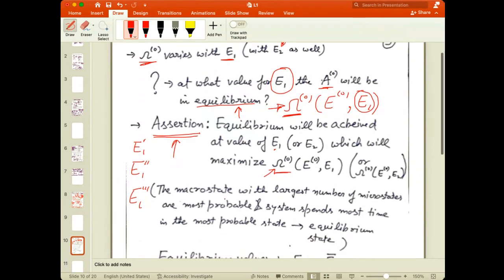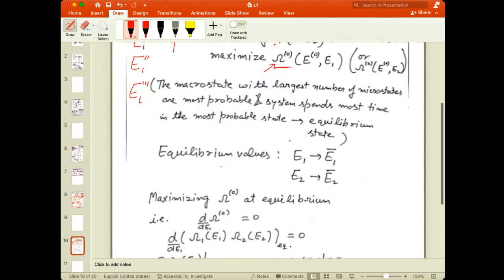And this principle is going to help us. Let's say that the value of energy at which this guy attains its maximum is E1 bar. So at this value we attain the equilibrium. At that particular value, the energy of system 1 is E1 bar.